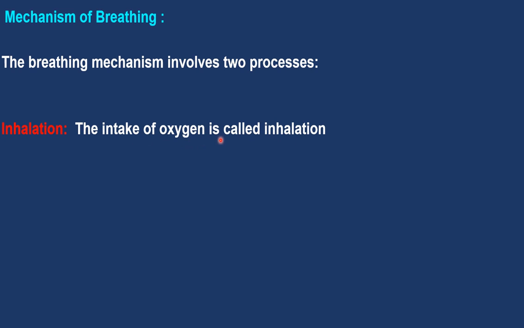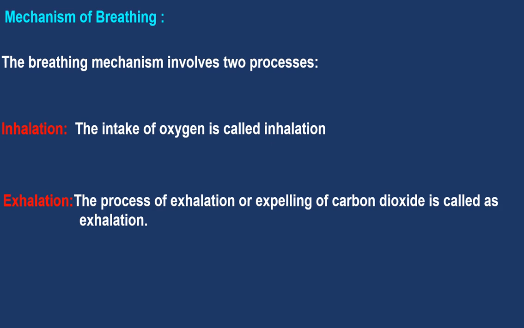The intake of oxygen from the atmosphere through our nostrils to the lungs or alveoli is called what? Inhalation. Then another process is exhalation. The expelling of carbon dioxide from our alveoli to the atmosphere is called what? Exhalation. So these are the two important processes involved in the breathing mechanism of human beings: inhalation and exhalation.